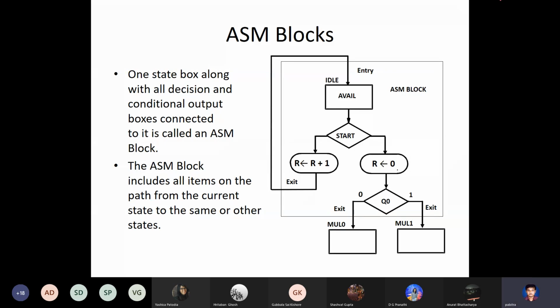Any ASM block should have one and only one incoming path, but it can have multiple outgoing paths. Okay, so that's the rule you use to identify an ASM block.